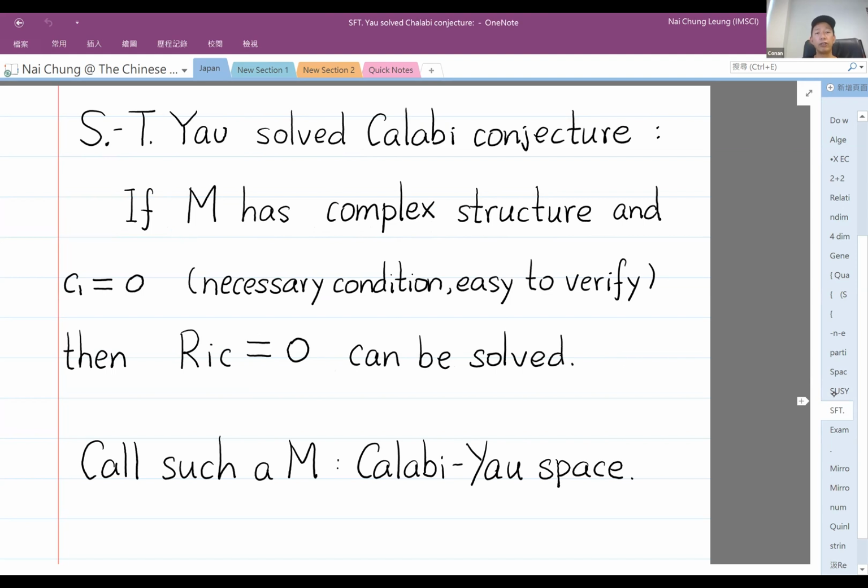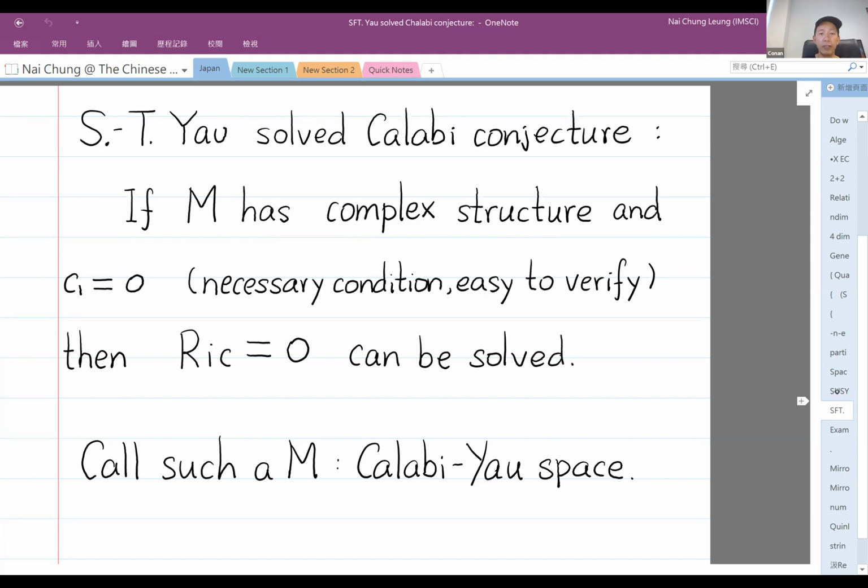He solved the Calabi conjecture. He says the following: if a space has a complex structure, and also the so-called first Chern class is 0, then in fact this Einstein equation can always be solved. And then you can find this type of space.